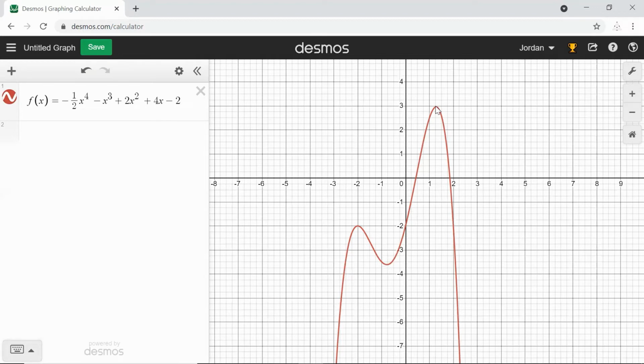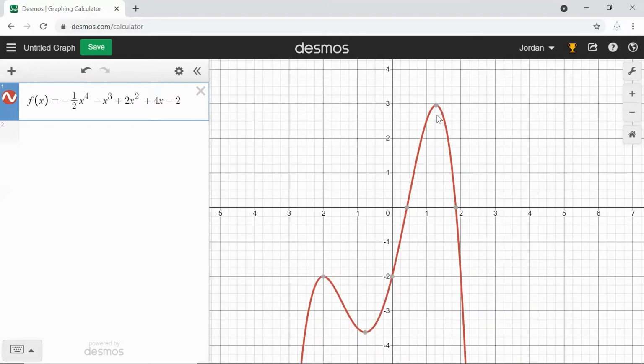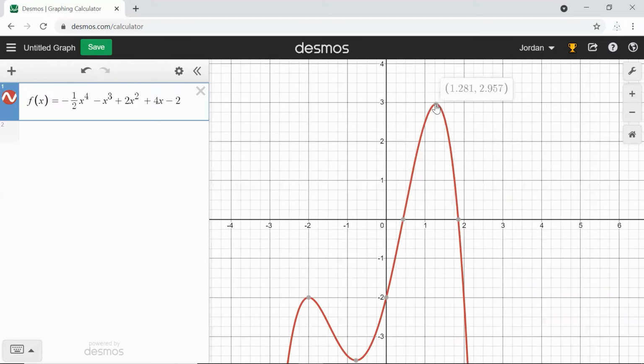Those 2 points are going to be points where there are relative maximums, because this point here, let's figure out what it actually is. 1.281, 2.957. That point is bigger than all of the other points around it in its local region here.